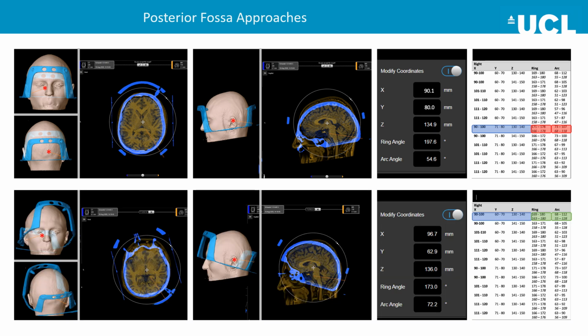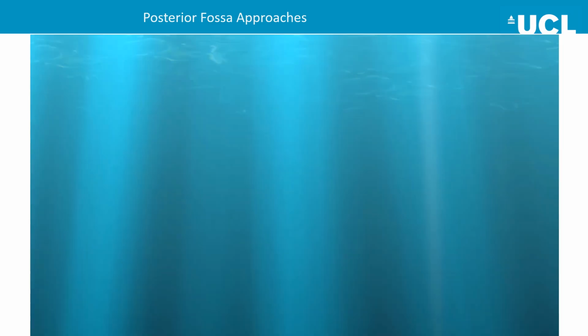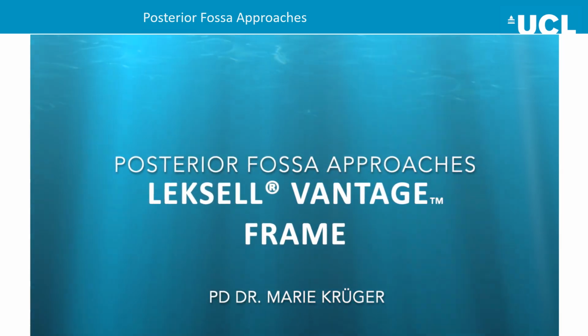So now you can virtually rotate the frame by changing the jaw and the pitch angle, as we've seen before, and then you can check if that gives you a ring and arc coordinates that you can actually program. And now here is a video that demonstrates this approach.